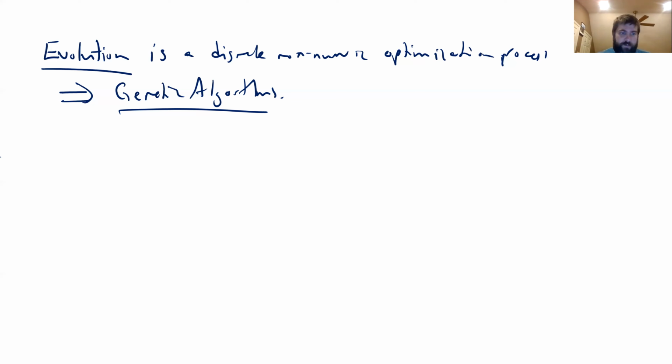All right, so let's take a look at this ultra simplified view of molecular evolution.